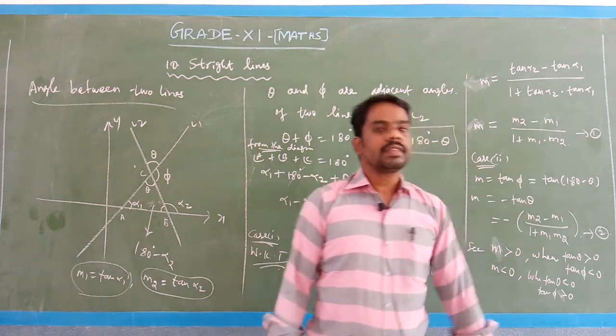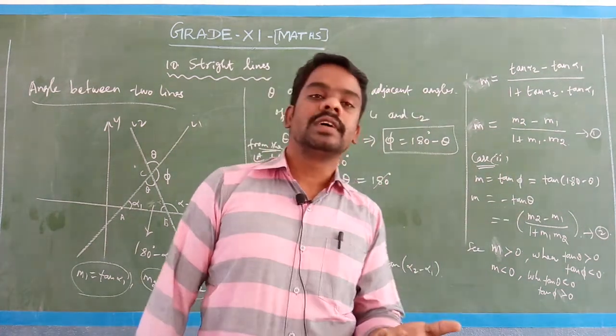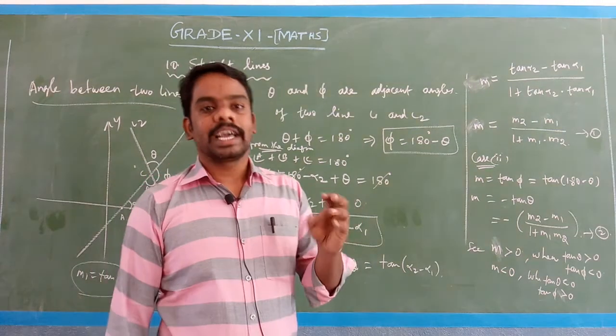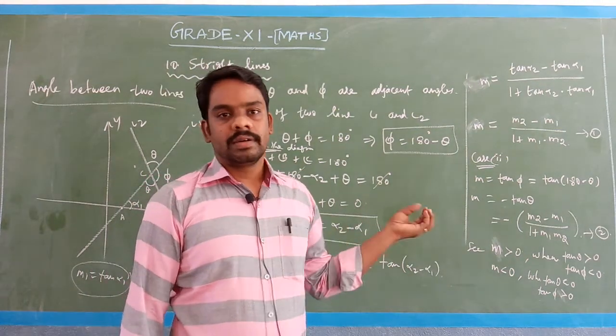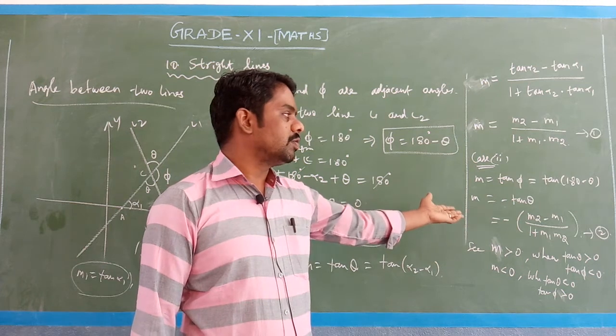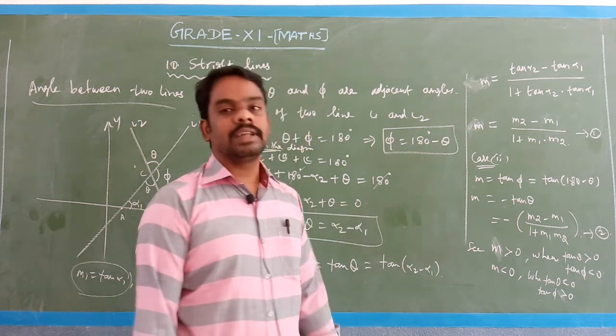Suppose theta is obtuse but pi is acute, then the value of tan pi, that is m, is equal to minus of m2 minus m1 divided by 1 plus m1 m2.